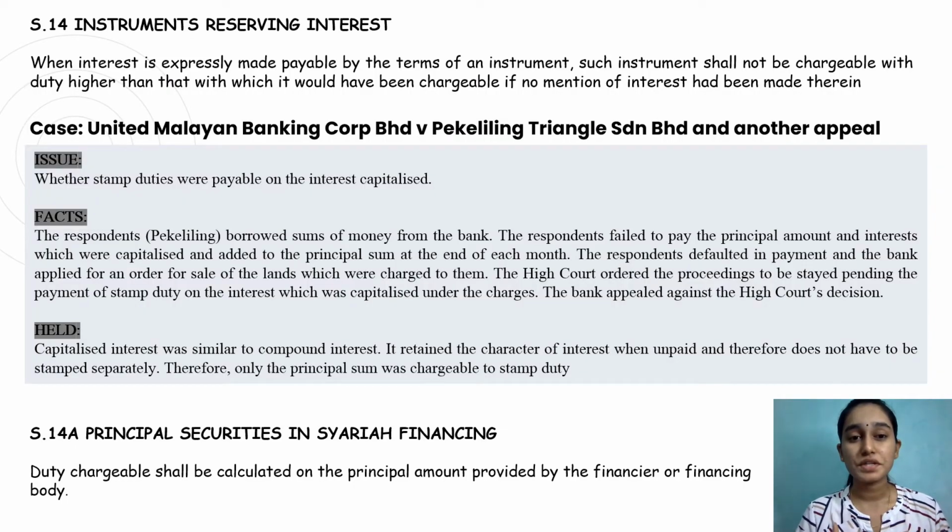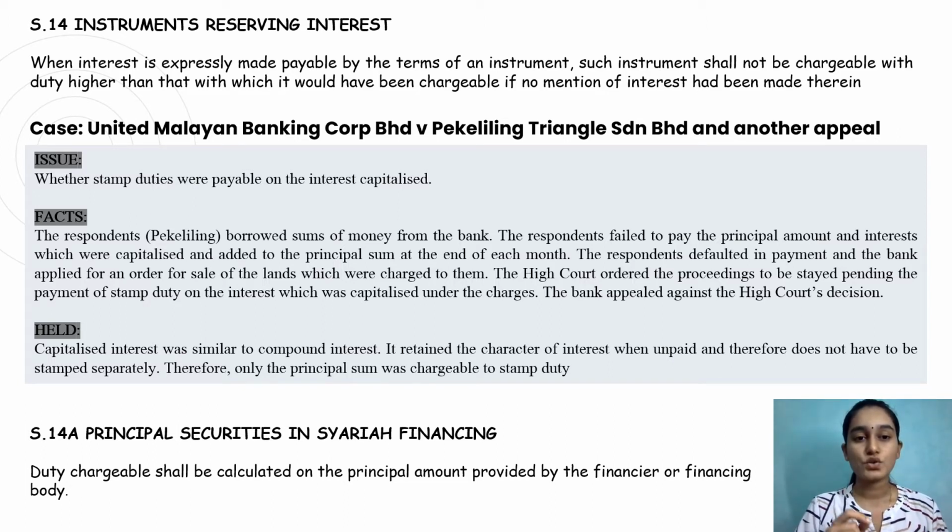Section 14 is about instruments reserving interest. When the terms of an instrument mention interest made payable, stamp duty is not chargeable on that interest, unless the instrument does not mention the interest.